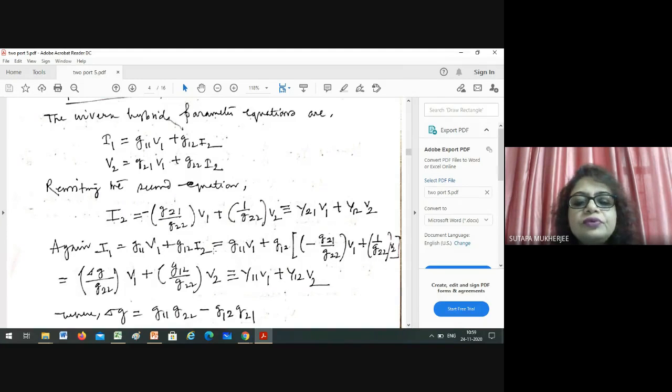Now if you do the solution, you will get delta G by G22 V1 plus G12 by G22 V2. It is equivalent to Y11 V1 plus Y12 V2. If you compare these two equations, Y11 will be equal to delta G by G22 and Y12 will be equal to G12 by G22.